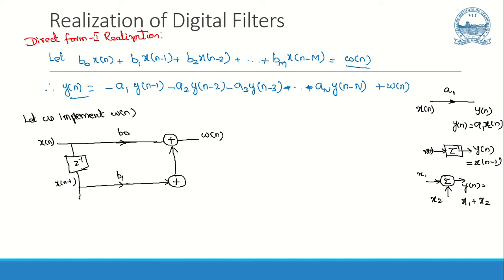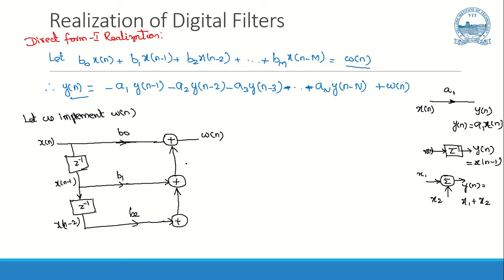Okay, so let me have one more delay element. To this delay element, the input is x of n minus 1, so it will produce an output of x of n minus 2. This should be multiplied by b2. Okay, so it is added up then.